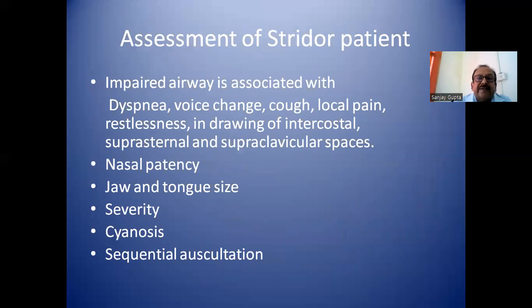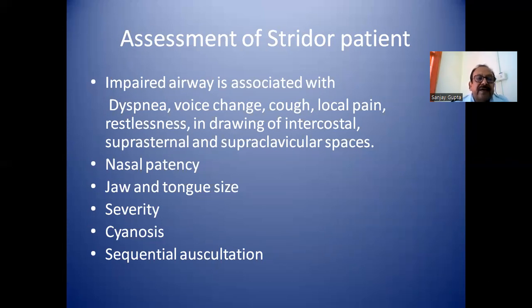Now, how do you assess a patient of stridor? Usually, the impaired airway is associated with dyspnea, the shortness of breath, a change in voice, the patient may have coughing, there may be local pain, restlessness, indrawing of intercostal muscles, suprasternal notch indrawing, and indrawing of accessory muscles of neck, and nasal patency has to be seen.